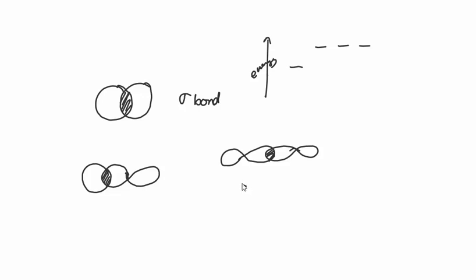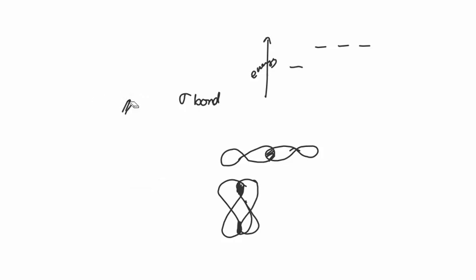So when we have p orbitals that bond, they will bond side by side, so that there is a touching at both of the lobes of the orbital. This is what makes a pi bond. When 2 p orbitals overlap, we get a pi bond.